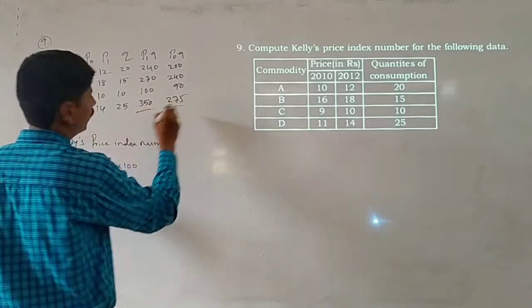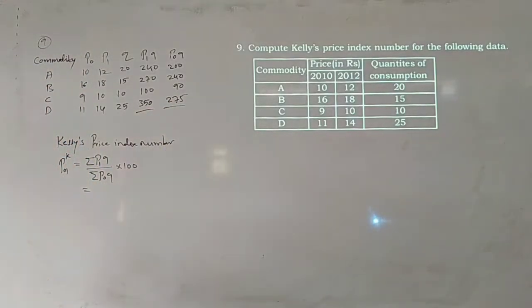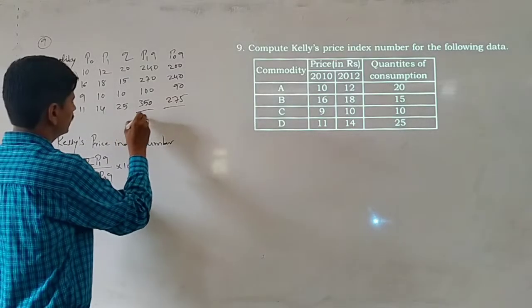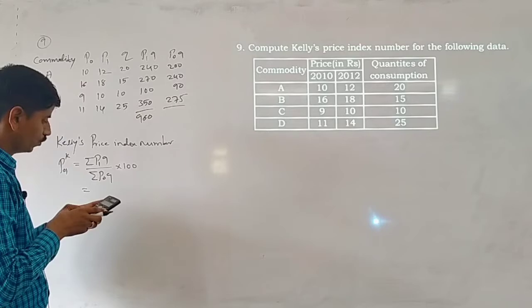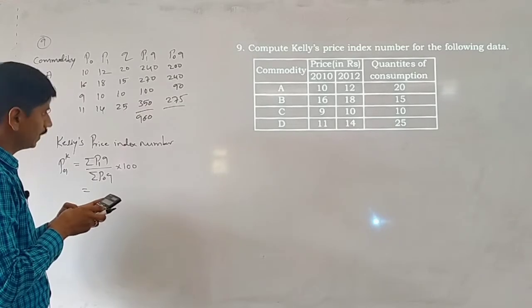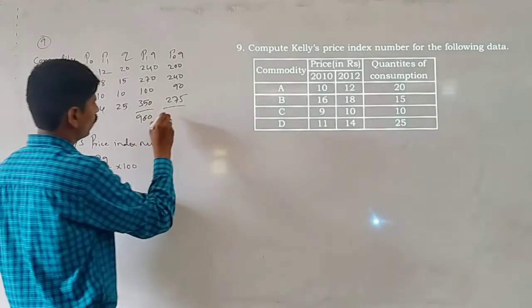Sum of P1Q: 240 plus 270 plus 100 plus 350 is 960. Next sum of P0Q: 200 plus 240 plus 90 plus 275 is 805.